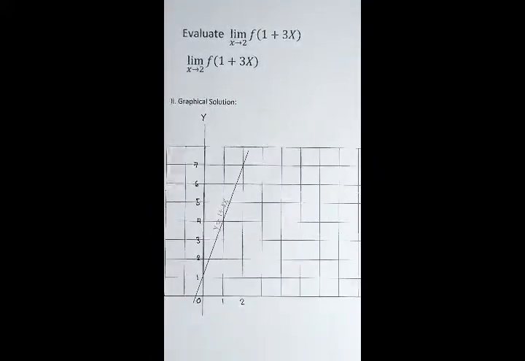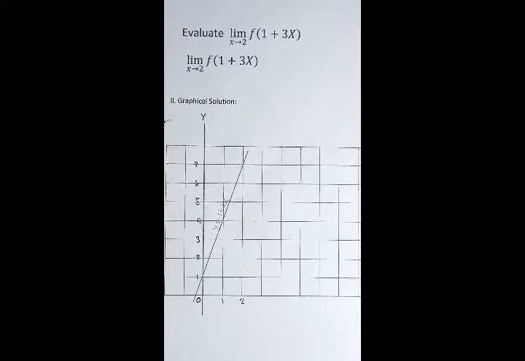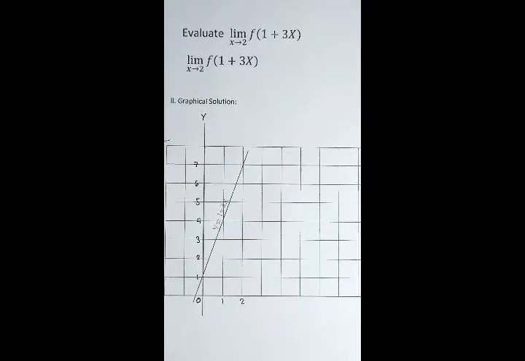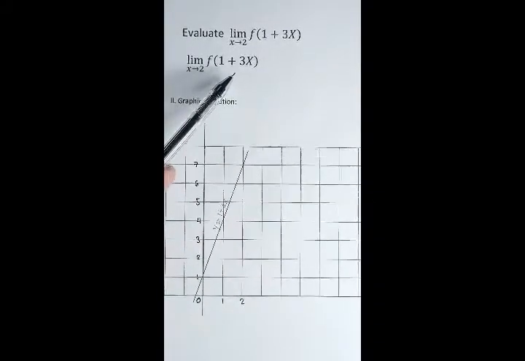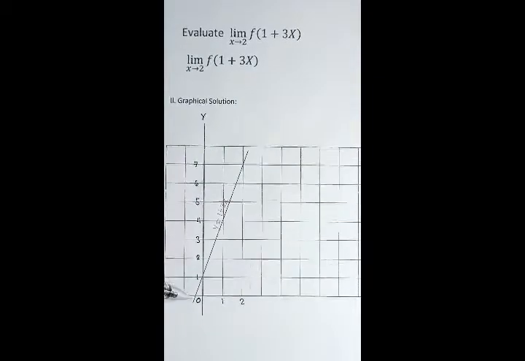Okay, we have the same problem, and then we will solve it using a graphical solution. So we plot it. This function 1 plus 3x, if we plot it, is a straight line. How do we know it is a line? I assume that in your junior high school you learned to plot a straight line.